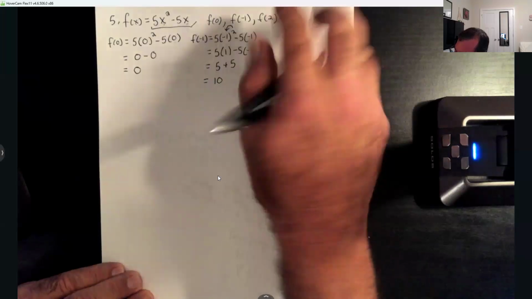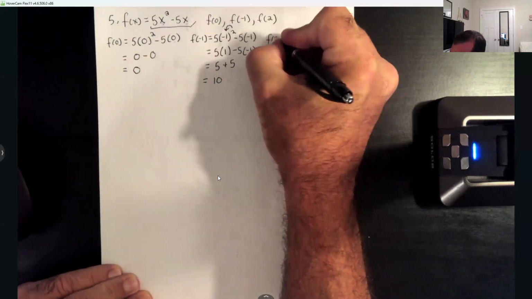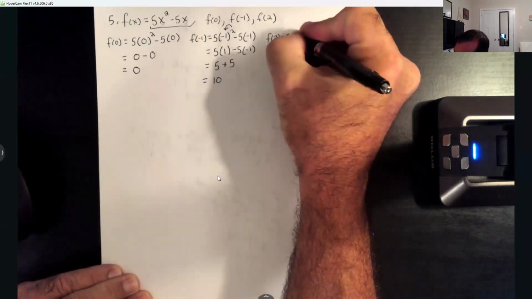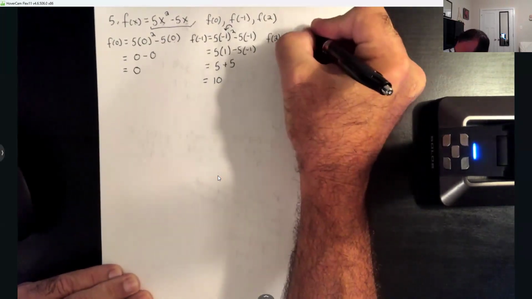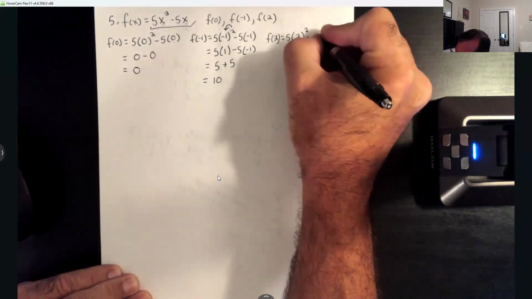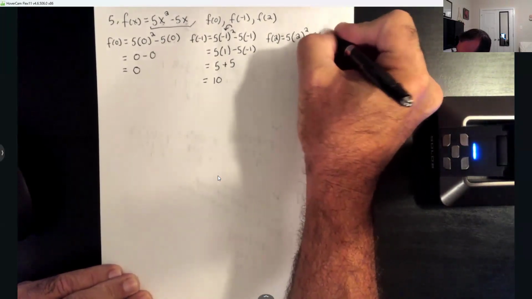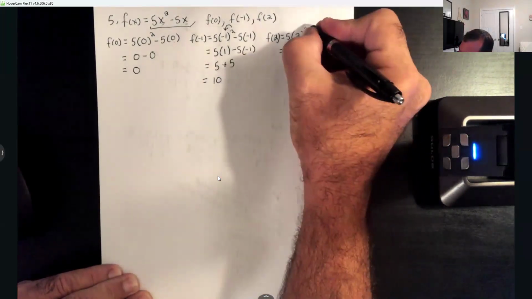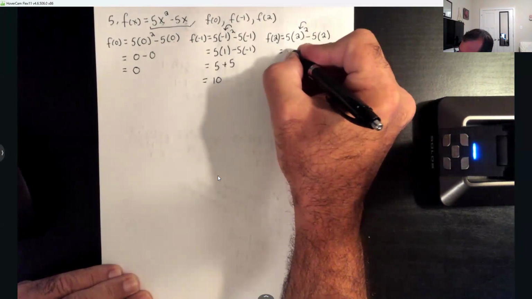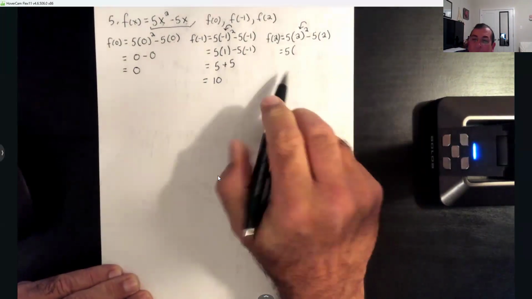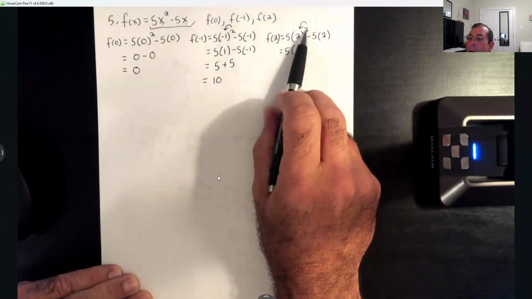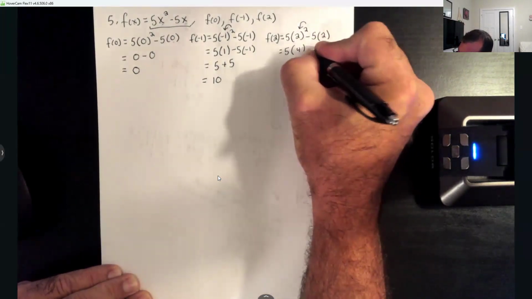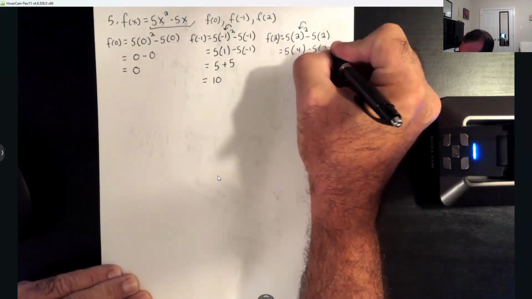The next one I have is f of 2. That equals 5 times 2 squared minus 5 times 2. Once again, I'm going to start with the exponent. I bring down that 5, which multiplies times 2 squared, which is 4, and I bring everything else down.